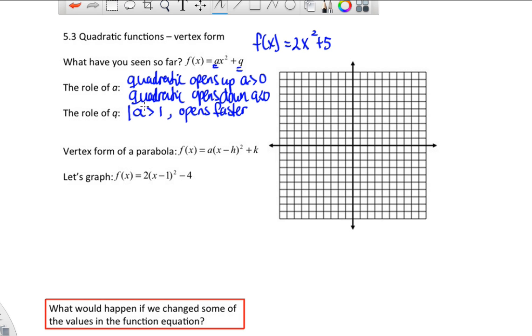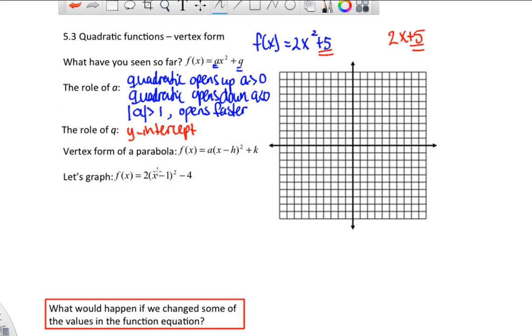So we often say the absolute value of a greater than 1 means it goes faster than the traditional x squared. Okay, q, on the other hand, just like in linear functions, if it's 2x plus 5, written this way, that is the y-intercept still.